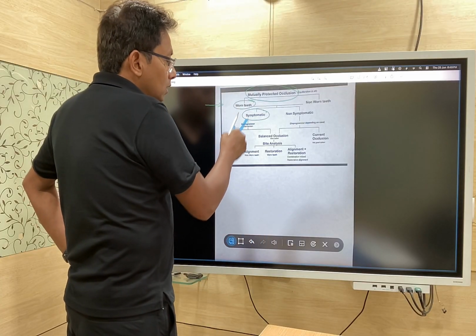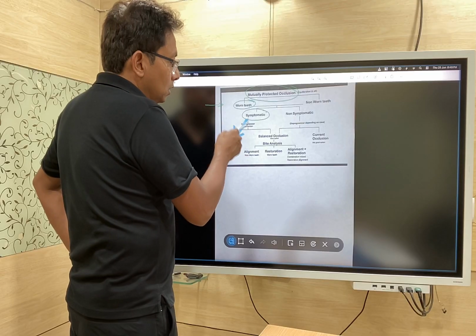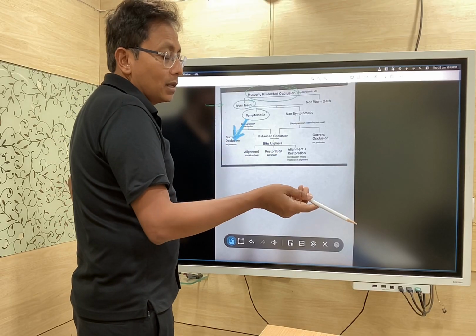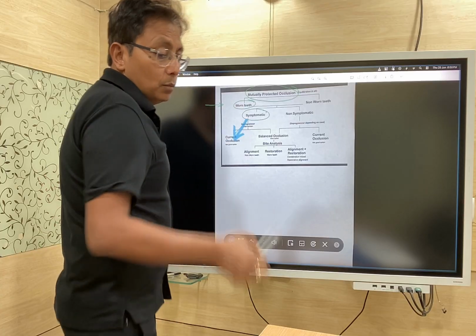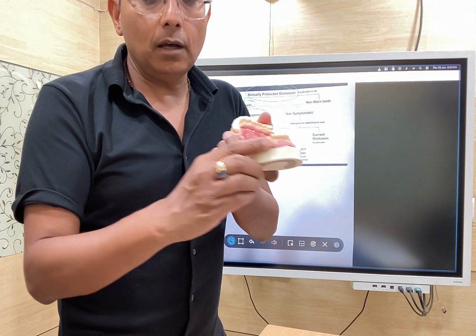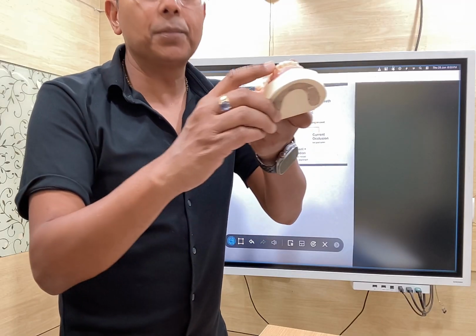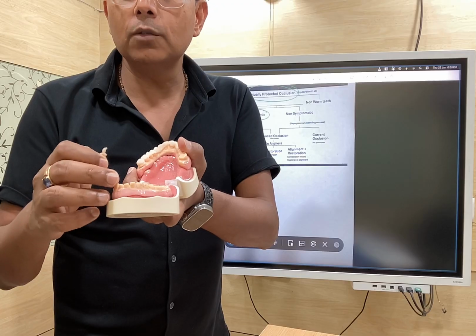So worn teeth, symptomatic patient, if you treat the teeth with only aligners and you don't restore the teeth because they are worn, it means there are no tips. When you see the tip here, the tip is worn, the canine is worn.